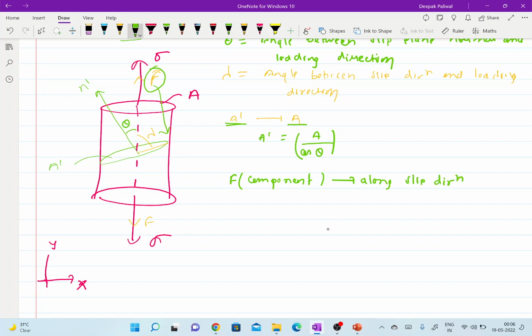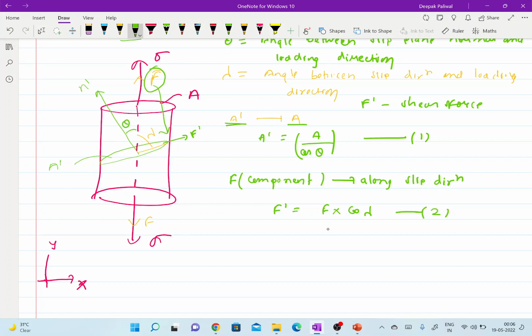So how can we do that? Let us call the force along this direction F prime. F prime is our shear force. So shear force is equal to F cos lambda. This is equation 1, this is equation 2.